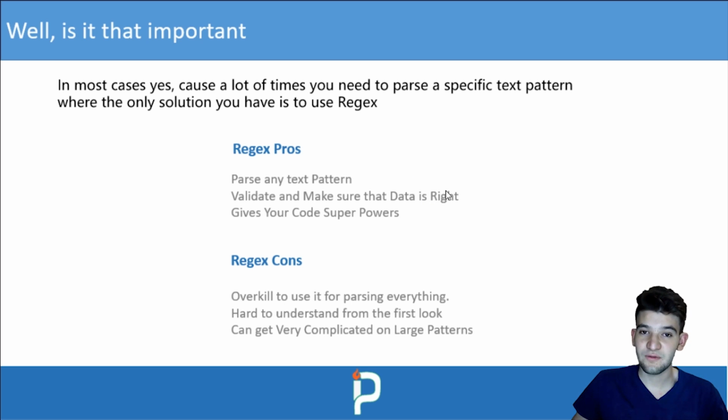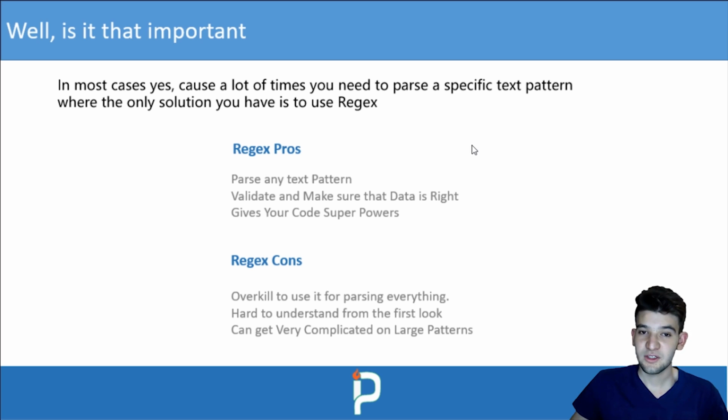Also, it's hard to understand at first look. If you have a really long regular expression that does the parsing for a certain string pattern, it's going to be very hard to understand the first time you look at it. You need to read through it, divide it into simple parts, take each part down and try to understand each part alone.